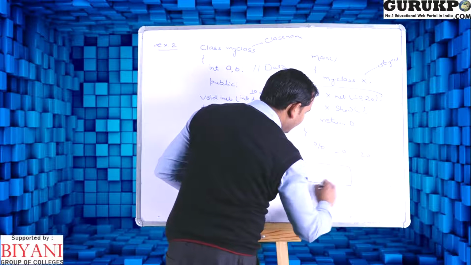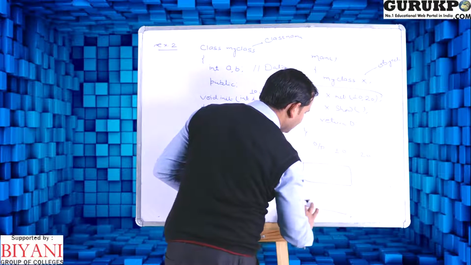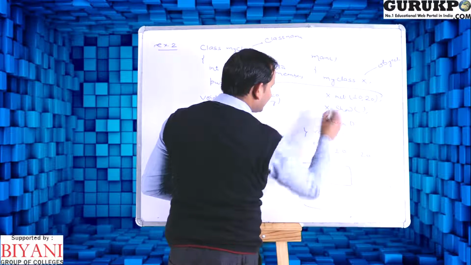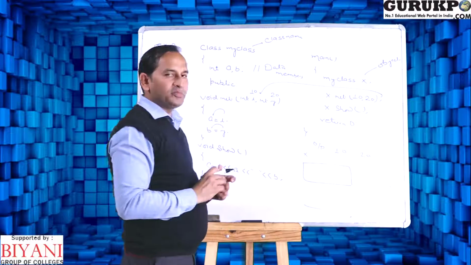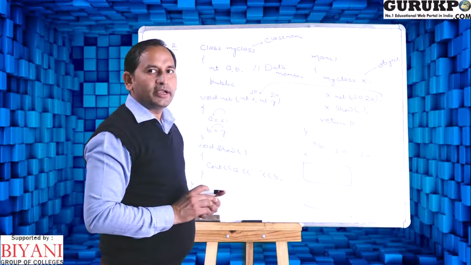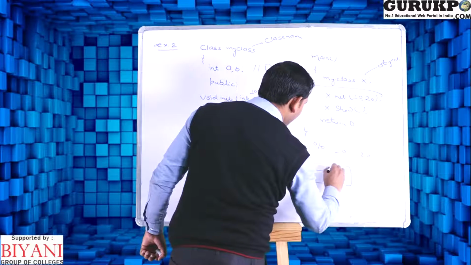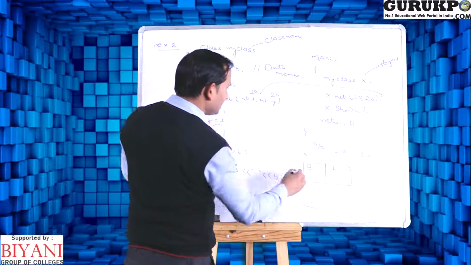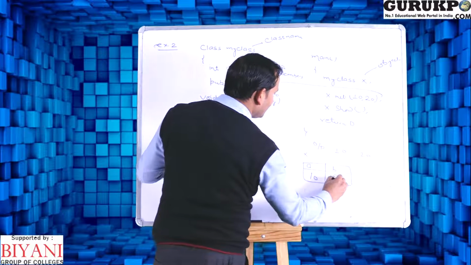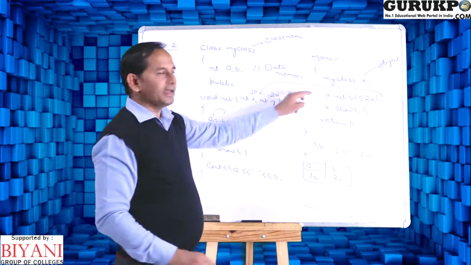If we represent it graphically, x is the object and every object contains all data members of a class, that is, x has a and b. The value of a is now 10 and the value of b is 20 by calling the init function.